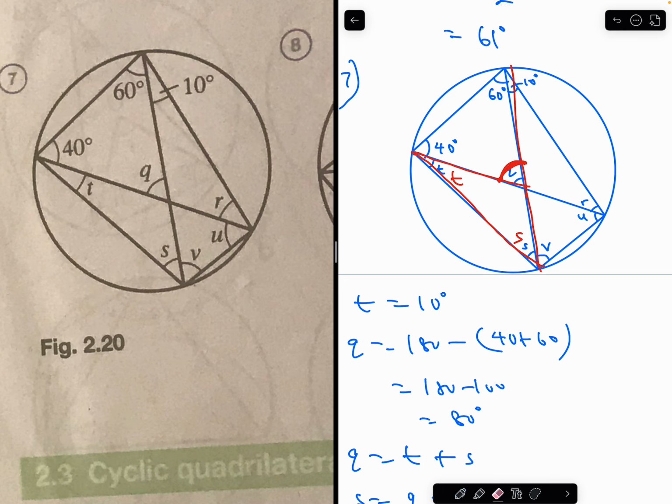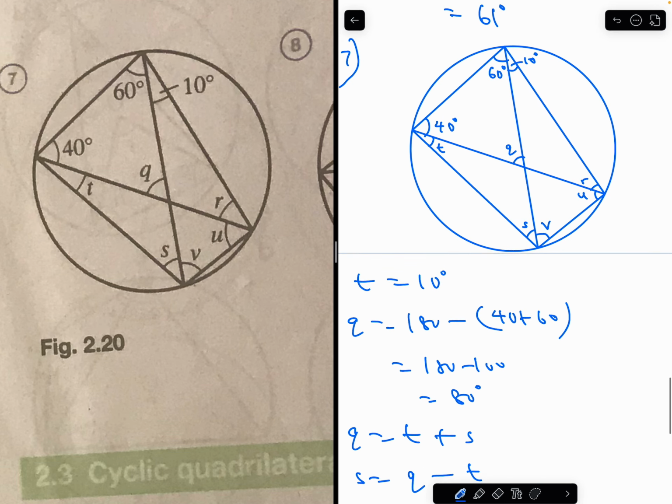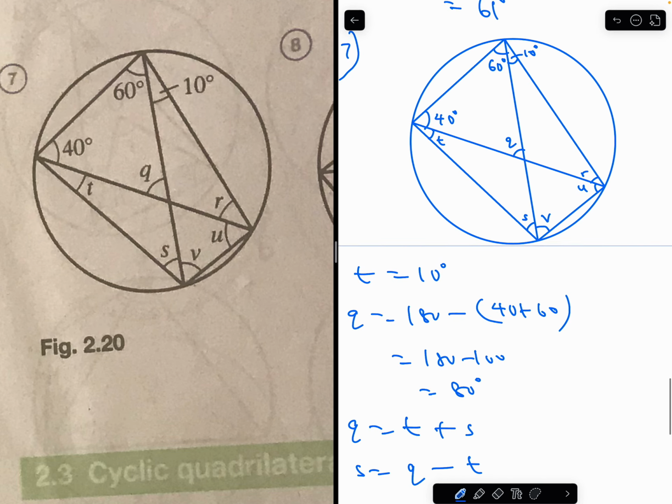Now, let's go. How do we find the remaining angles? If S is 70 degrees, I can see that S is equal to R. How?